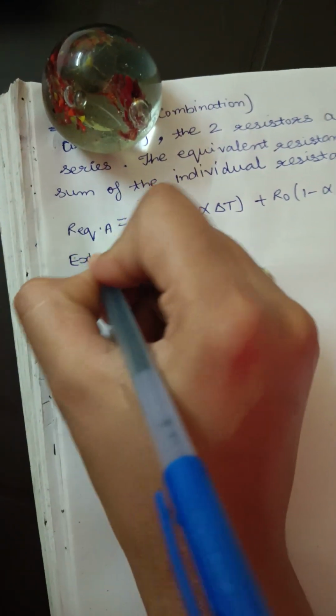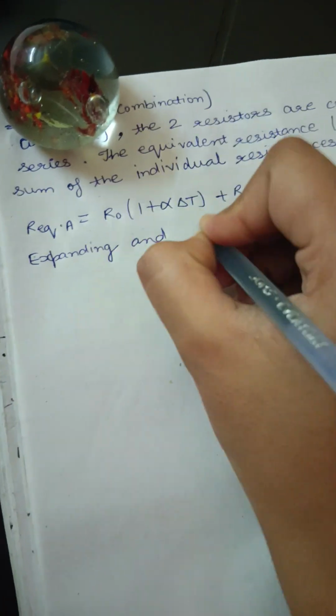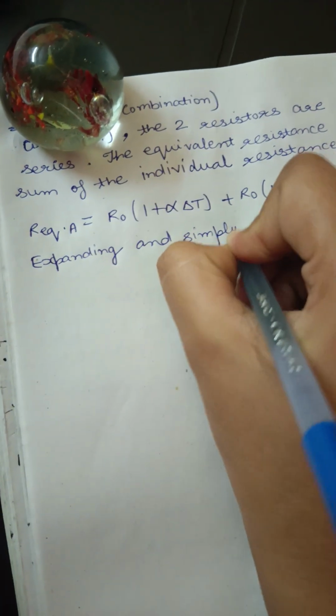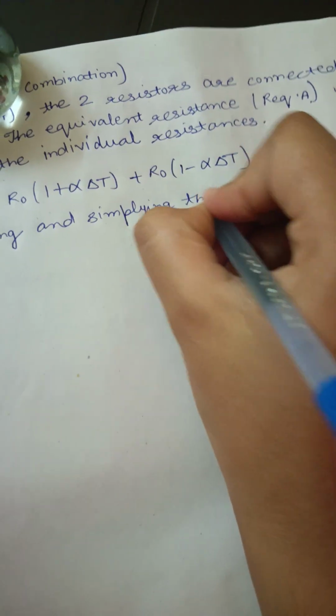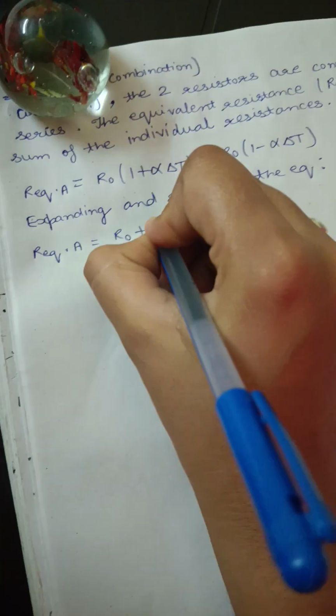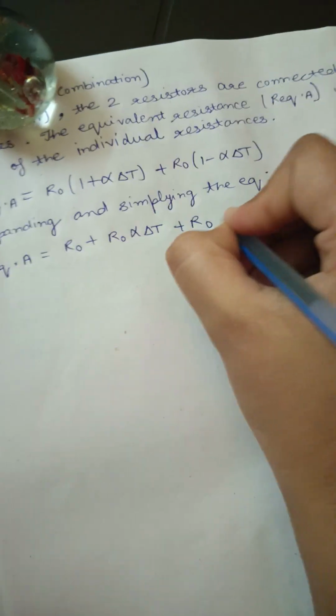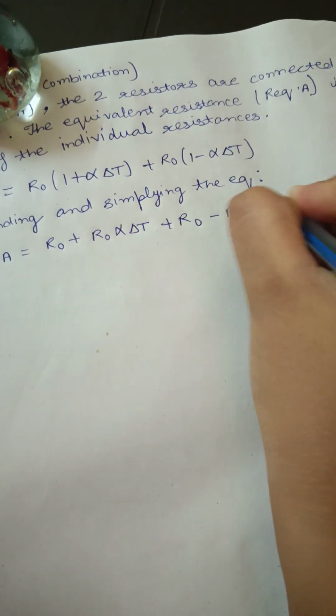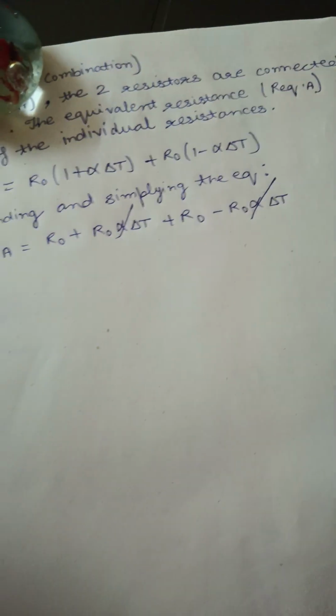Expanding and simplifying this equation, we get R equivalent A is equal to R naught plus R naught alpha delta T plus R naught minus R naught alpha delta T. This will cancel because the positive and negative terms have opposite signs.